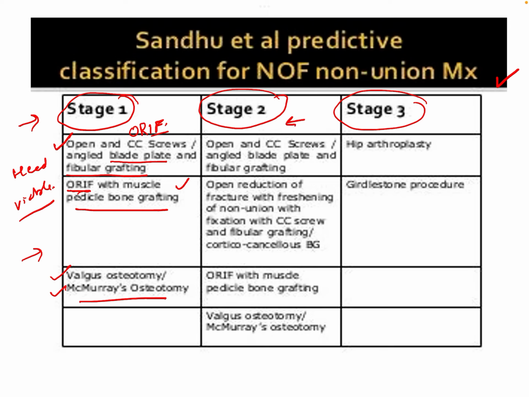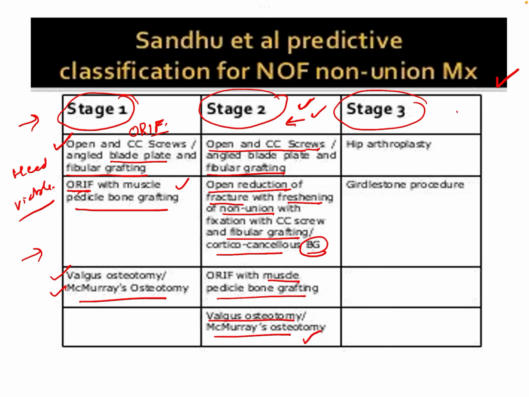In stage 2, the head is still viable, so again we can go for head preservation surgeries. We can go for open reduction and CC screw fixation with fibular grafting. We can go for open reduction of the fracture with freshening of the non-union and with fibular grafting or corticocancellous bone graft, or muscle pedicle grafting, or valgus osteotomy or McMurray osteotomy.